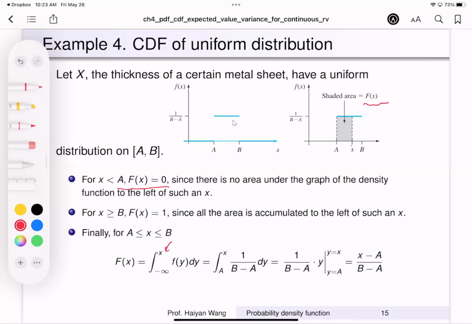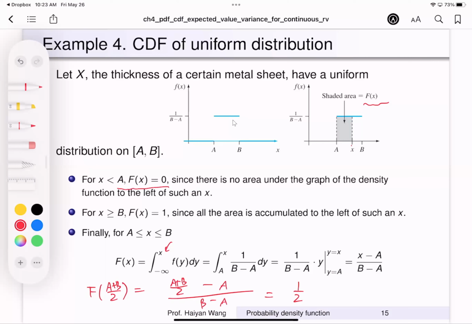Once we have this, for example, if you want F of half of a plus b, then what's the probability of that? You just put in a plus b divided by 2 minus a, over b minus a, and in the end, you'll find that this is a half. That's because half of a plus b is just the midpoint between a and b.